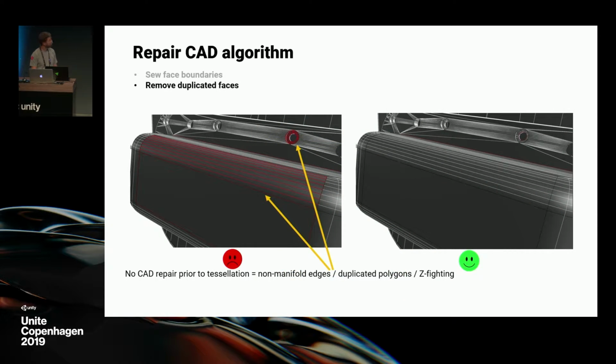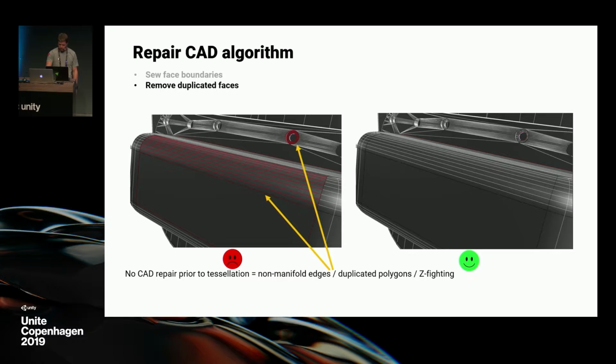Another kind of issue encountered is duplicated faces. The main consequences of duplicated faces after the tessellation are non-manifold edges that will bother some mesh algorithms that need a manifold topology, for example, the defeaturing function to remove holes.